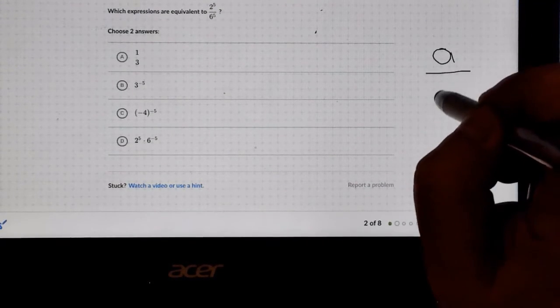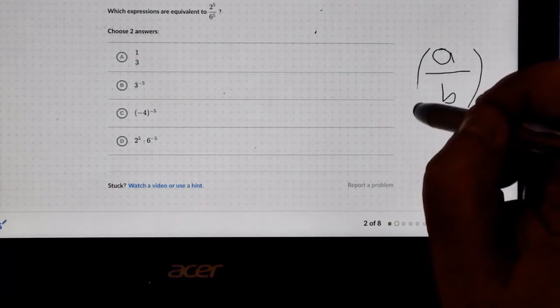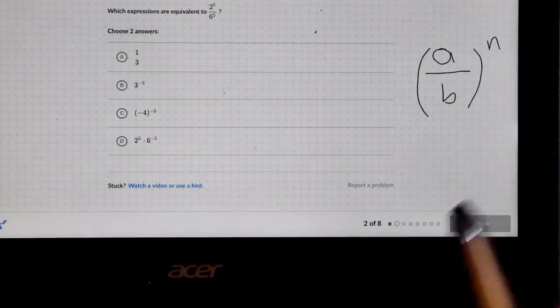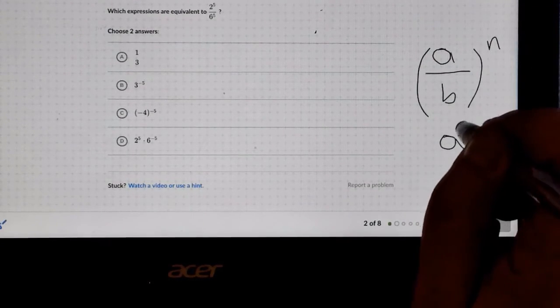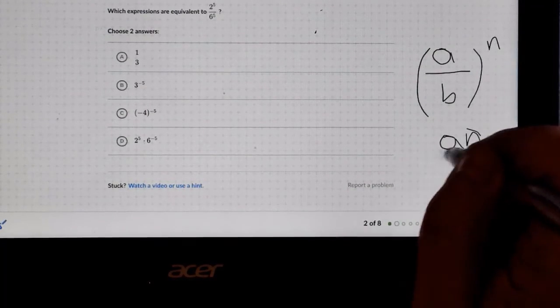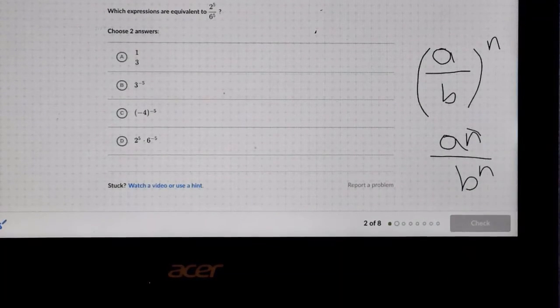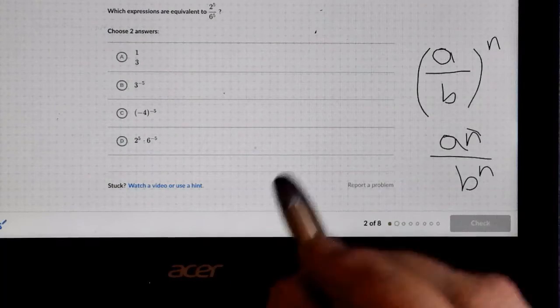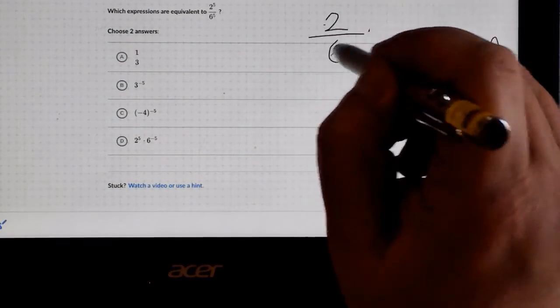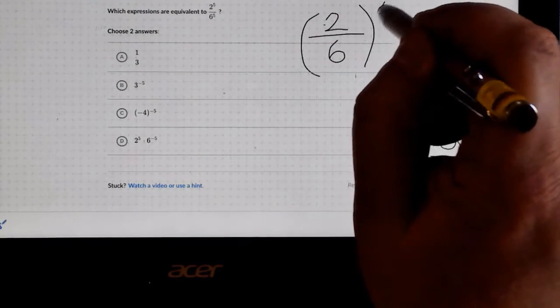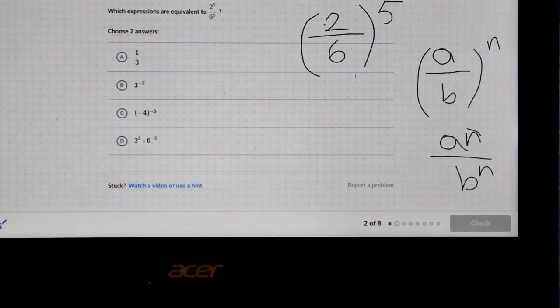If I had A over B to the n power, this could also be written as A to the n over B to the n. And look at this question, 2 to the 5th and 6 to the 5th. It is no different than 2 over 6 to the 5th power.